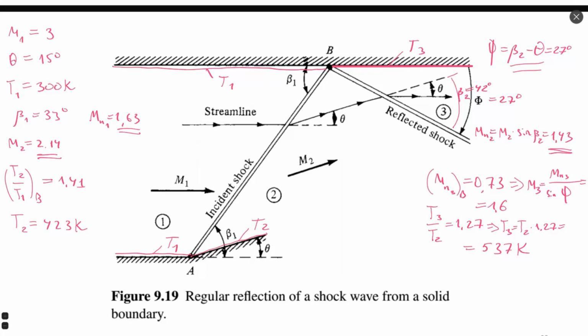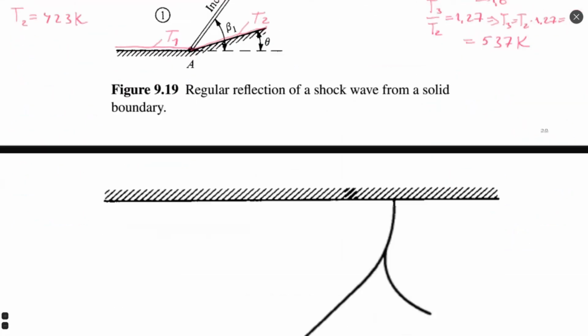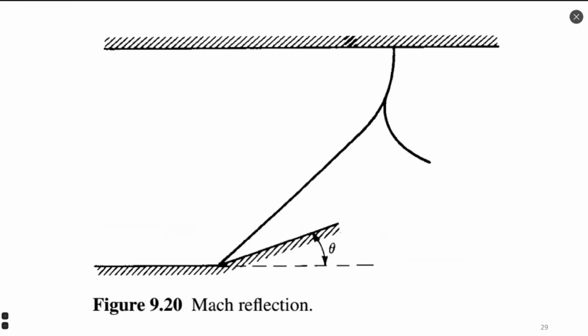So you can see how different the temperature could be after a second reflected shock wave, almost 2 times bigger than before. 537 Kelvin. The material should sustain this temperature when we are doing mechanical design or making a choice of materials.